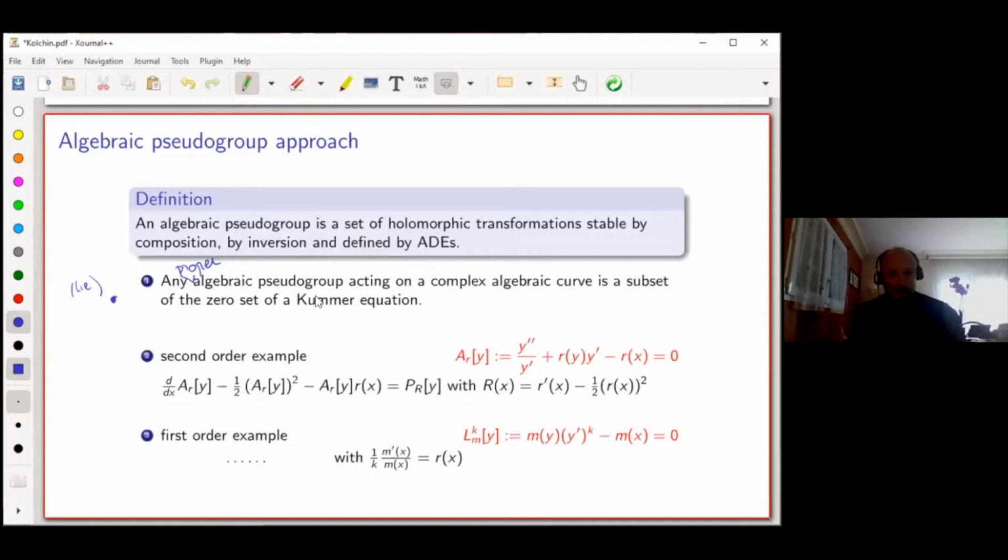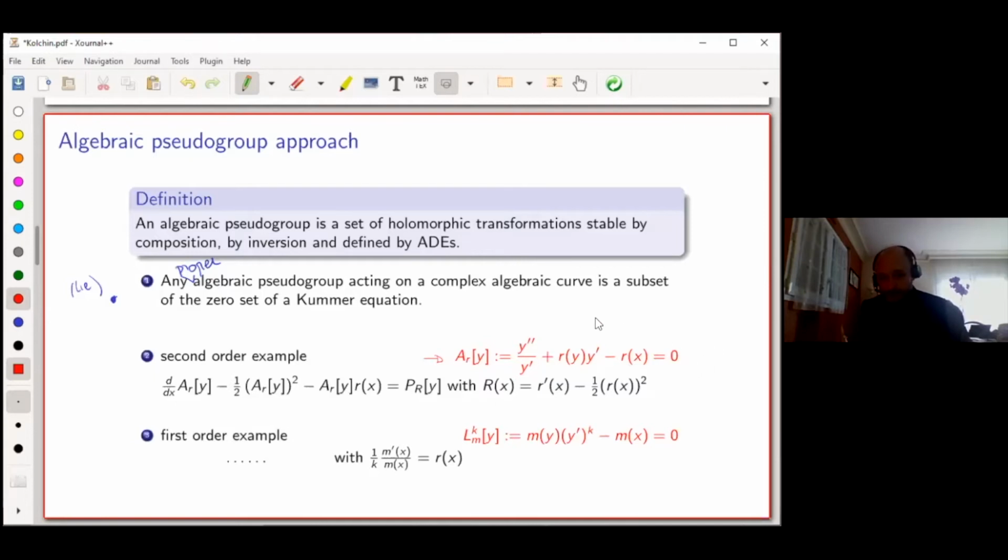And then you can look at the possibility for smaller algebraic pseudogroups. And here are 2 examples. The first one that I called A is defined by this equation here. A is the operator, and you take the 0 set of these things.